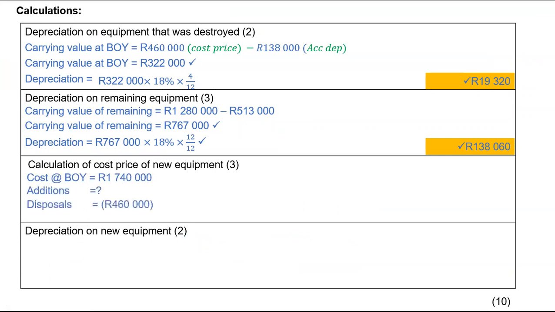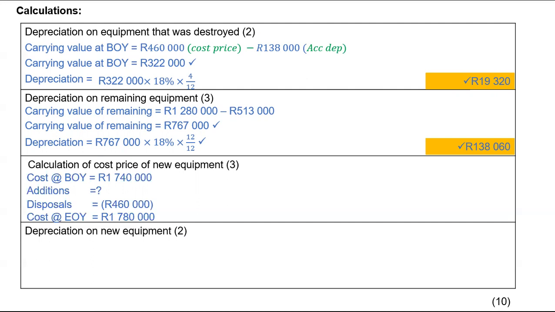You add additions, you minus disposals, and it should give you cost at the end of the year. Know that if you were working with carrying value, you would have carrying value at the beginning of the year, plus additions, which is a question mark, minus disposals at carrying value, minus depreciation, and then carrying value at the end of the year, and then work backwards to calculate additions. But here we were given the cost, so we just work with costs.